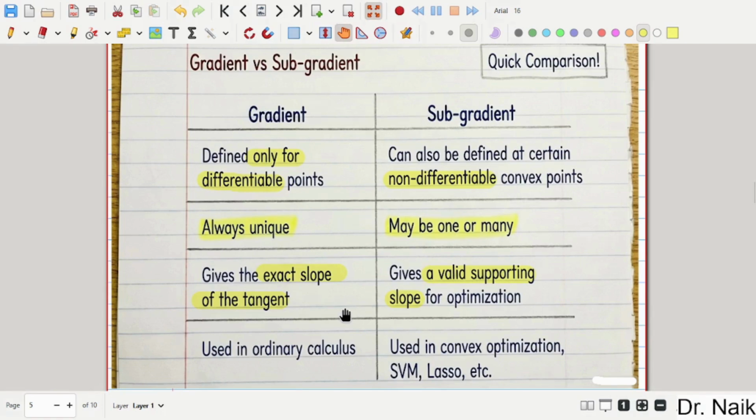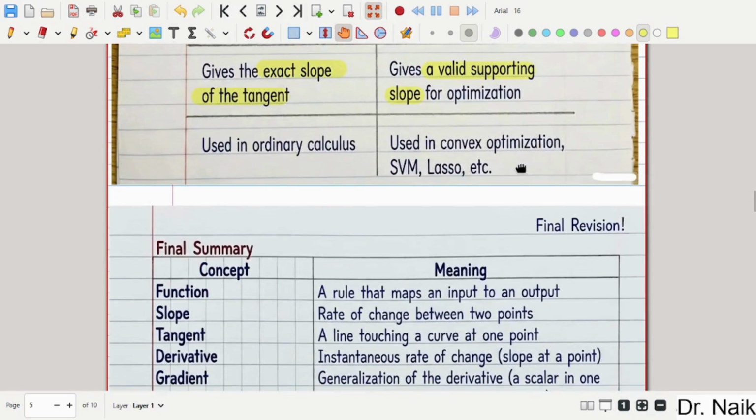A gradient gives the exact slope of the tangent, whereas a subgradient gives a valid supporting slope for optimization. A gradient is used in ordinary calculus, whereas a subgradient is used in convex optimization, SVM, lasso, etc.